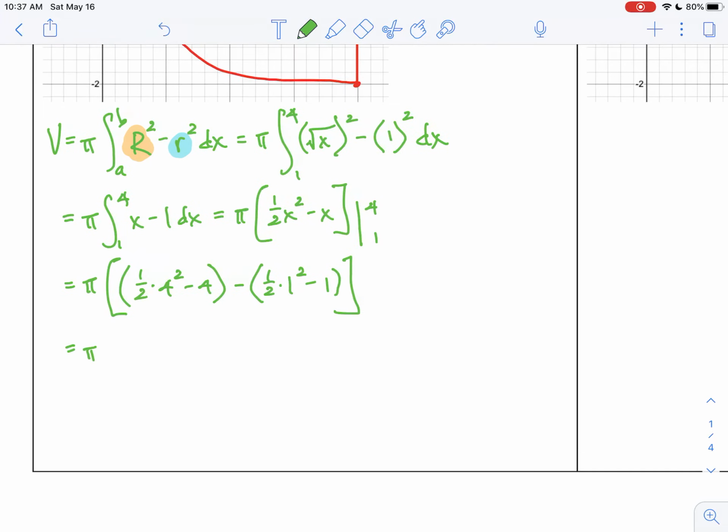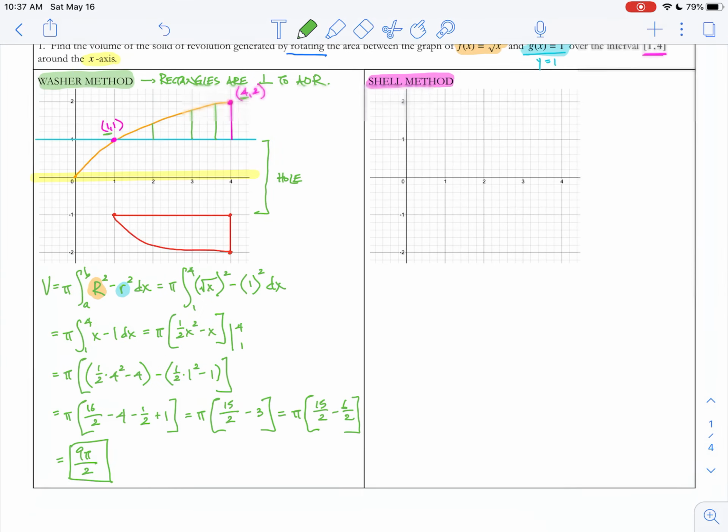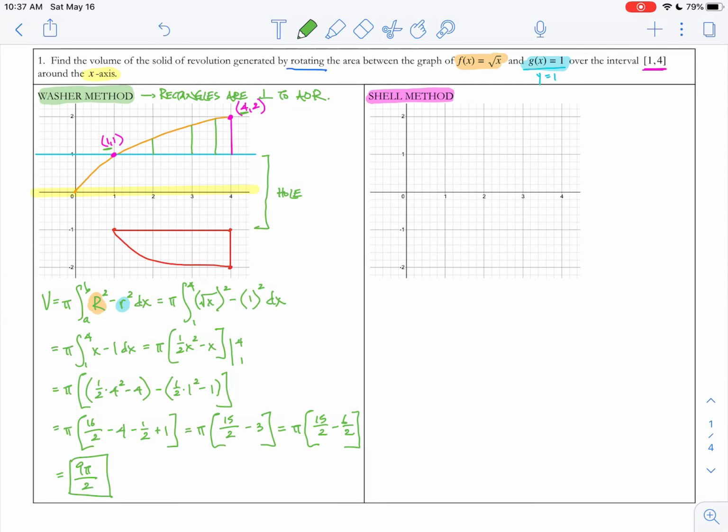Okay, I'm going to get pi times 16 over 2 minus 4 minus 1/2 plus 1, which equals pi times 15 over 2 minus 3, which equals pi times 15 over 2 minus 6 over 2, which gives me a final answer of 9 pi over 2. Okay? So, here is our solution for question number 1 using washer method.